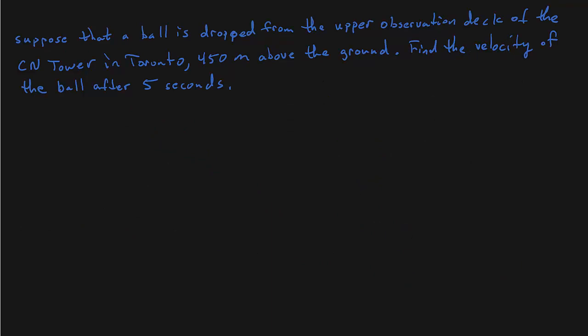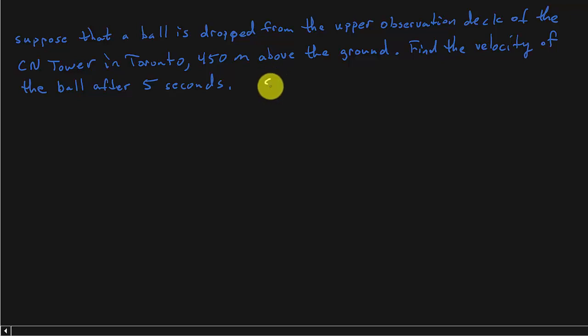All right, so let's take a look at this problem. It says, suppose that a ball is dropped from the upper observation deck of the CN Tower in Toronto, 450 meters above the ground. Find the velocity of the ball after 5 seconds. So we want to know the velocity of the ball at 5 seconds. This problem has an equation for the path of the ball: s of t is equal to 4.9 t squared.